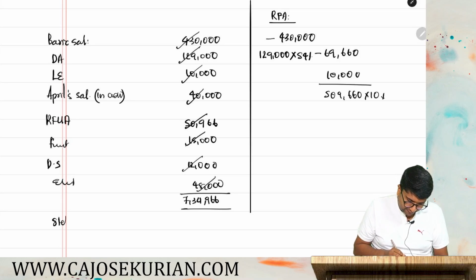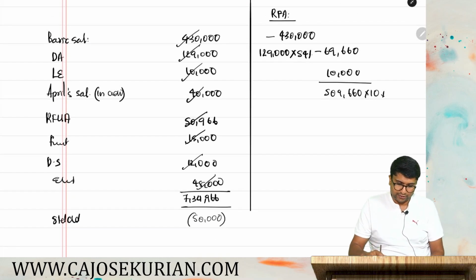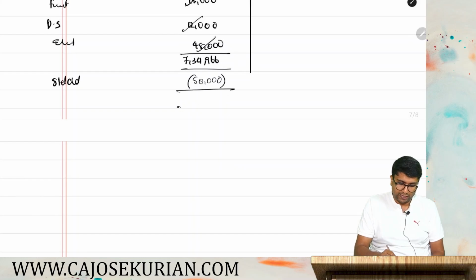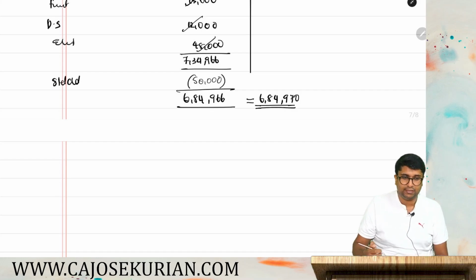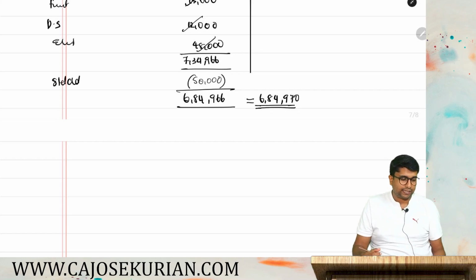From that, you can claim standard deduction of 50,000, because the assessee is not planning to pay taxes under 115BAC. So your standard deduction is only 50,000. If you claim that, your taxable salary shall be 6,84,966, and you can round it off to 6,84,970, and that shall be the taxable income from the head salary, and I hope it is clear for you.